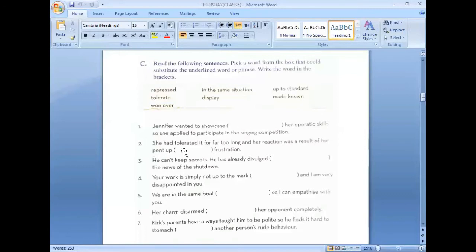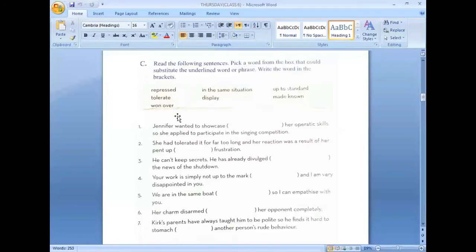Number two, she had tolerated it for far too long, and her reaction was a result of her pent up dash frustration. Now, what does pent up mean? Pent up means unable to express or release emotions or energy. So we also came across a similar meaning in the words in the box.